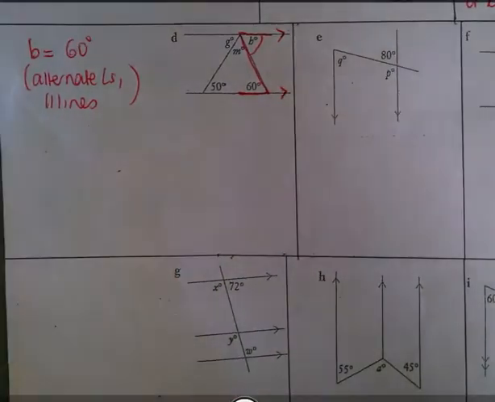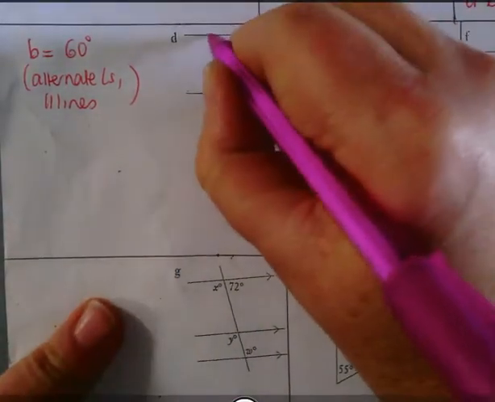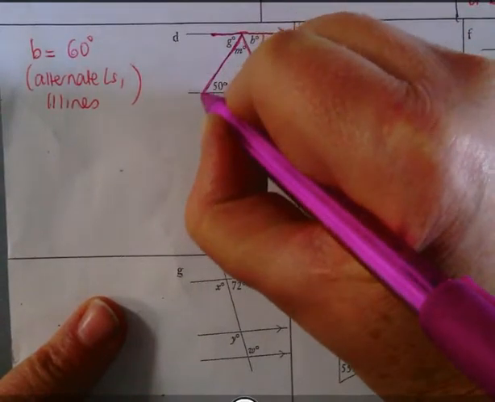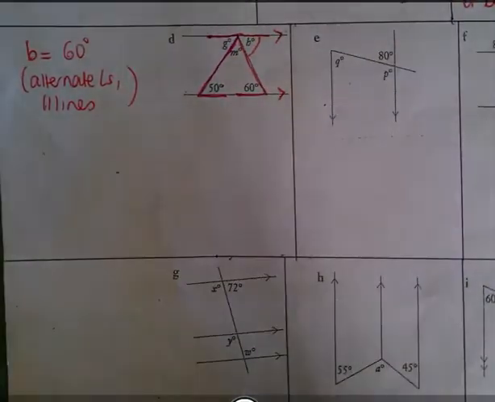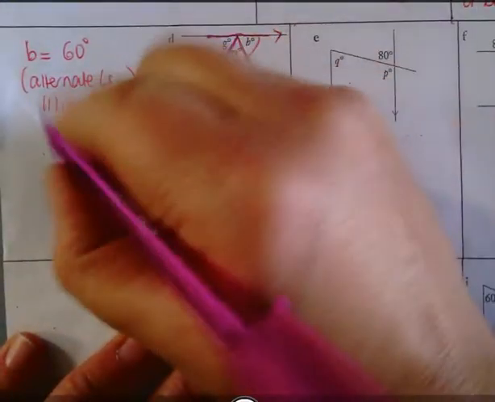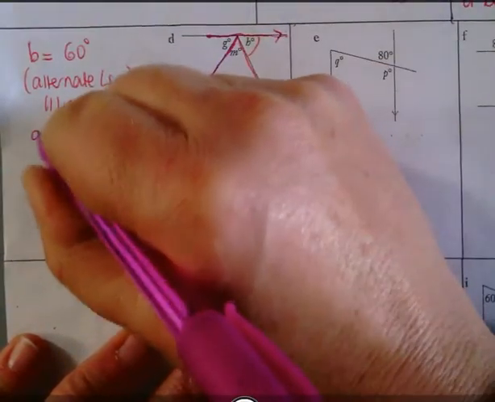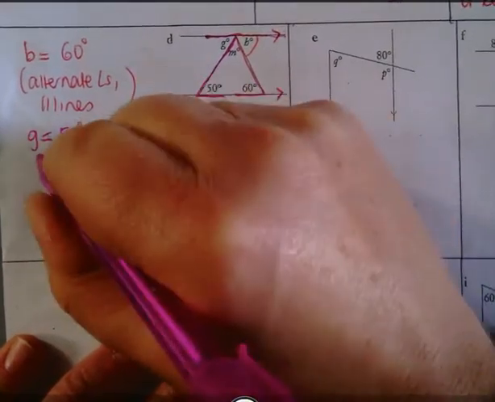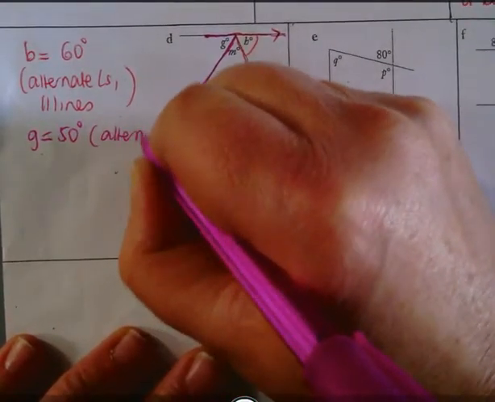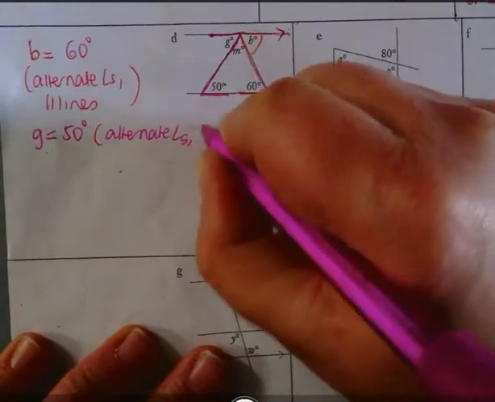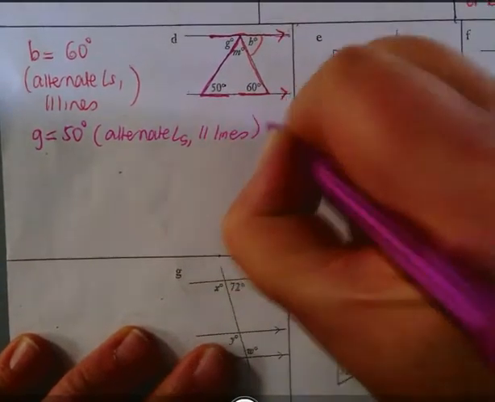You can also do a forward Z here for G. So we've got that these are alternate angles, and again these are parallel lines. So G equals 50 degrees. Again, the same reason, alternate angles, parallel lines.